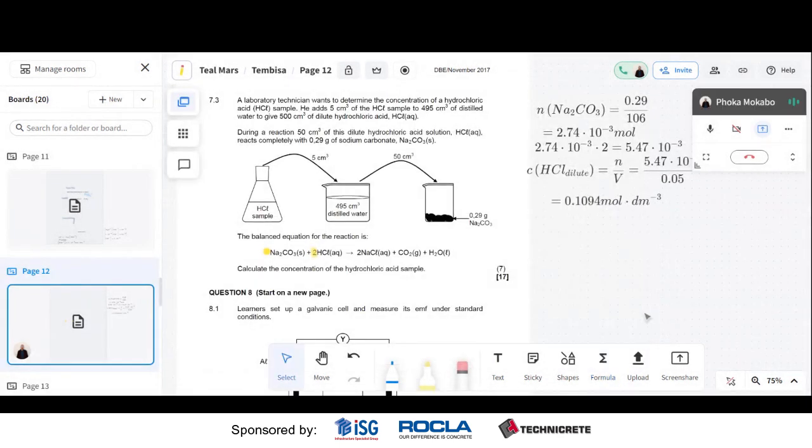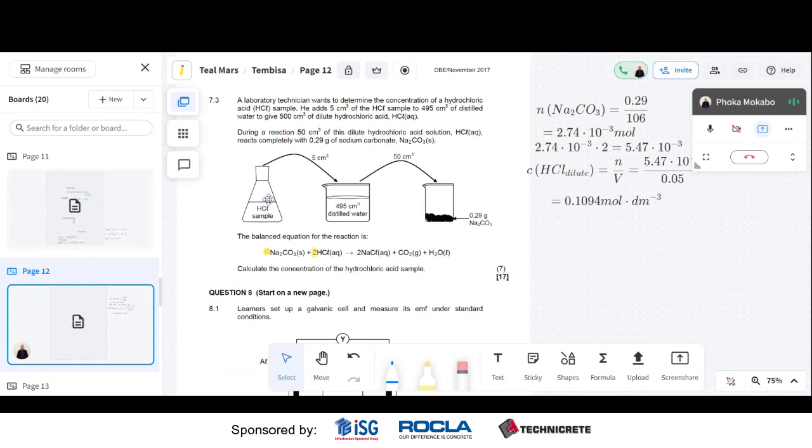Right over there. At this point, we've made our way to this, where we have just diluted the water, but now we want to take it a step back to the HCl sample.